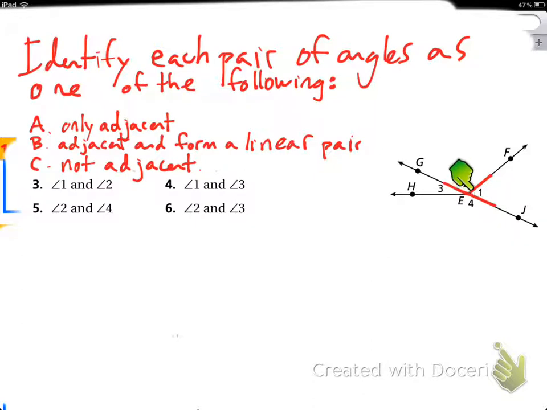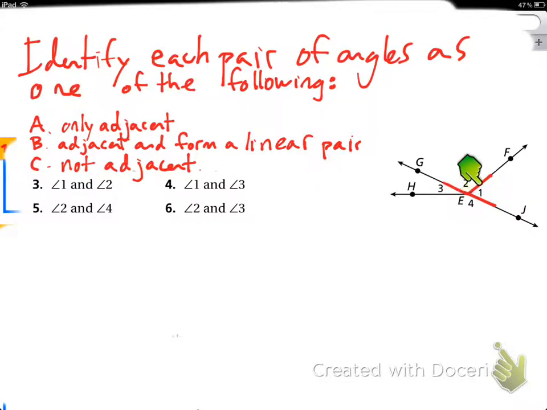They share a common ray right here. Now, that gives us a choice of, are they only adjacent, or are they adjacent and form a linear pair? Well, linear pairs have the non-common sides are opposite rays.